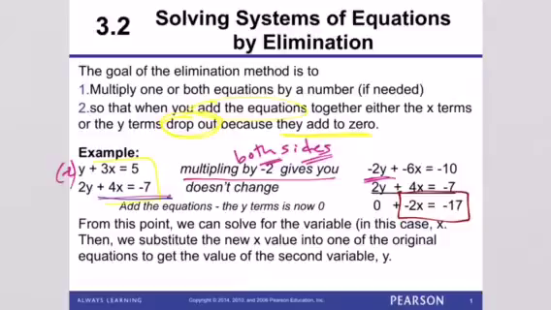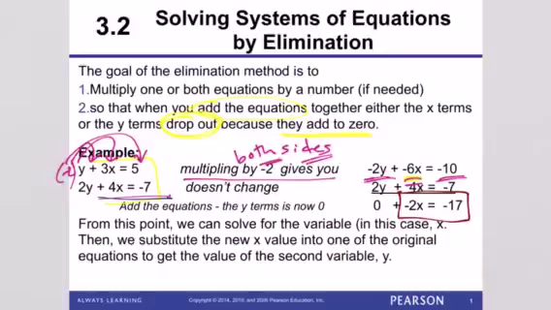Negative 2 times 3x is negative 6x. That's where that comes from. And then negative 2 times 5. So we're multiplying by negative 2 every single term. So negative 2 times 5 is negative 10, and that's where we get that equation.